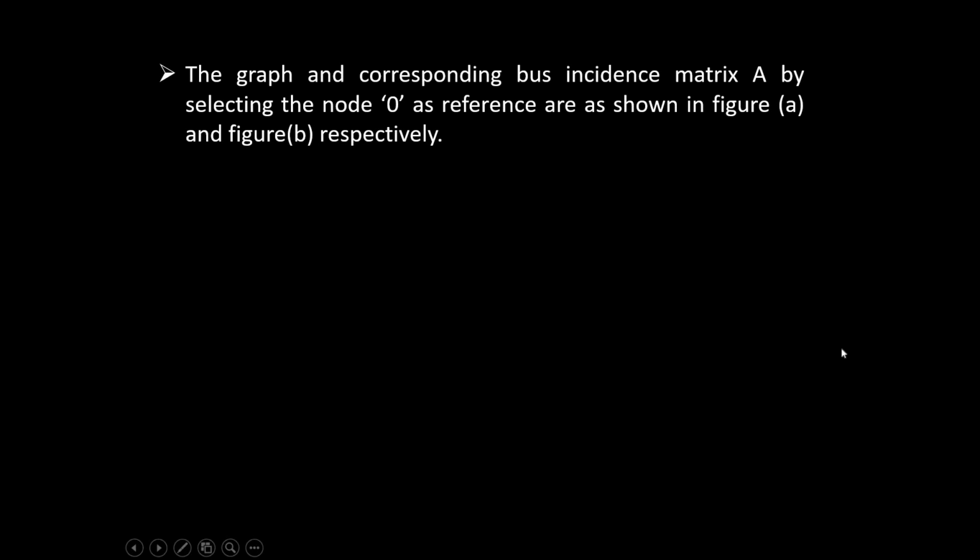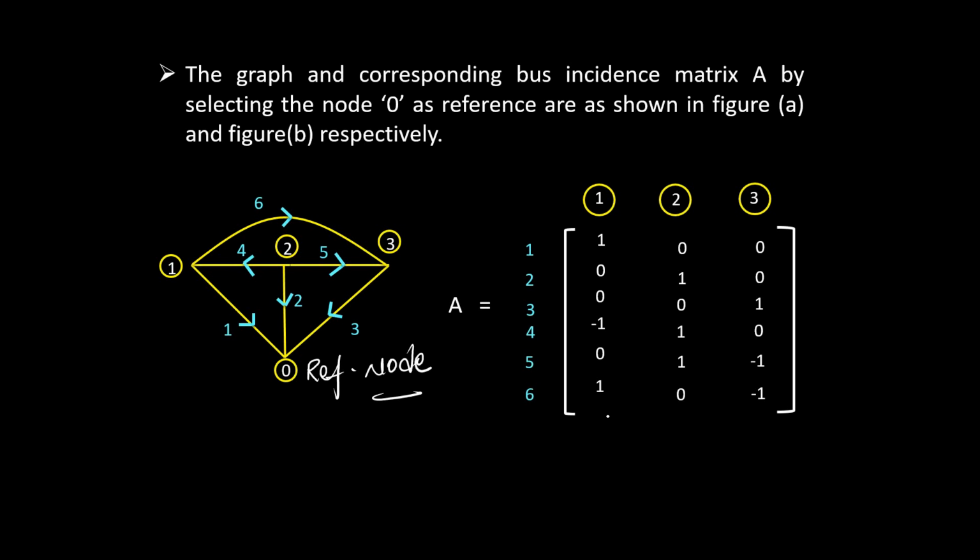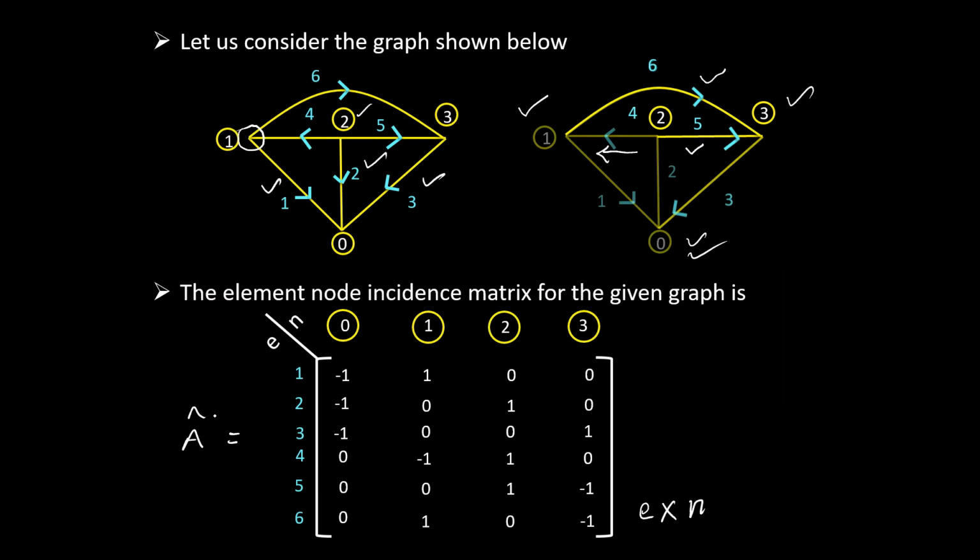Now let us see the graph and the corresponding bus incidence matrix by selecting node 0 as the reference. This is the graph. We are selecting node 0 as the reference node, so nodes 1, 2, 3 will act as actual nodes. Therefore, the matrix A can be represented like this. Already here we have formed the A cap matrix.